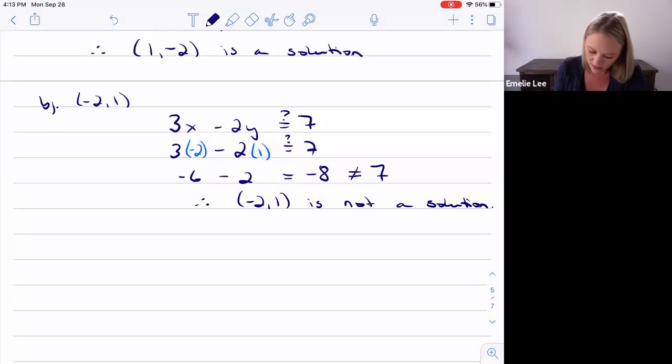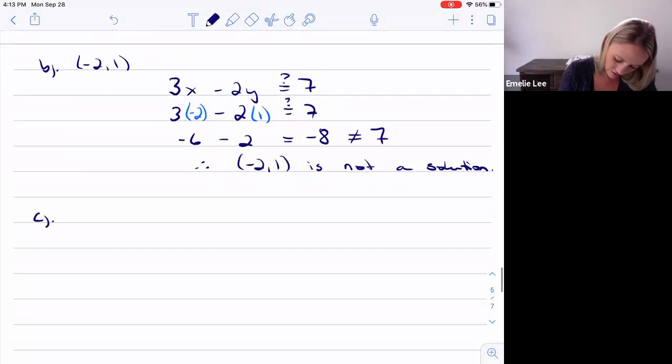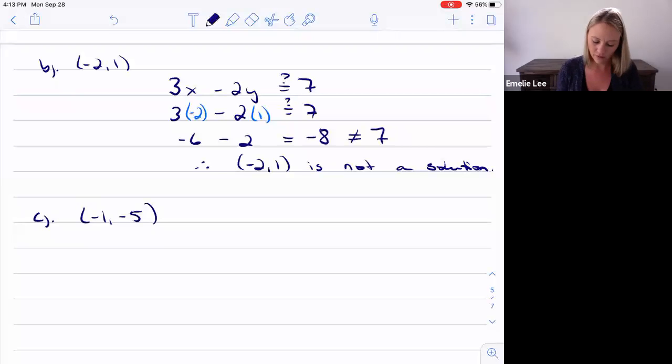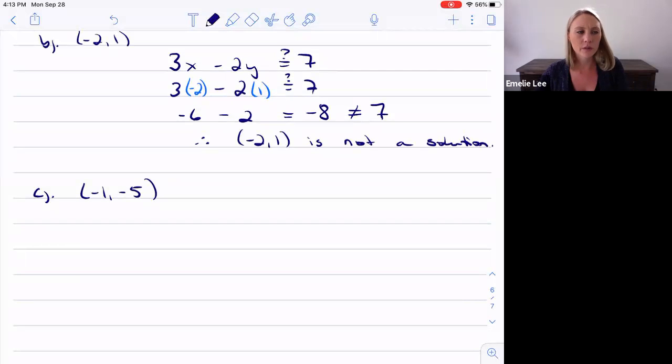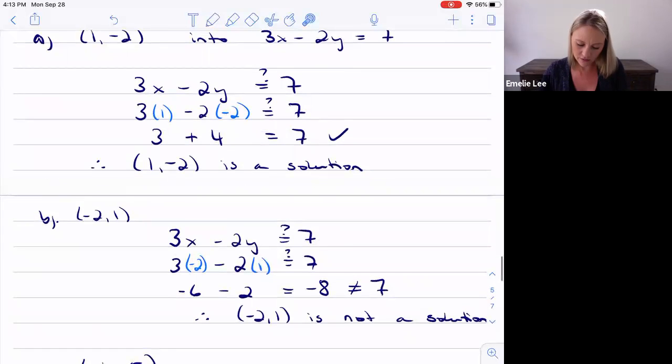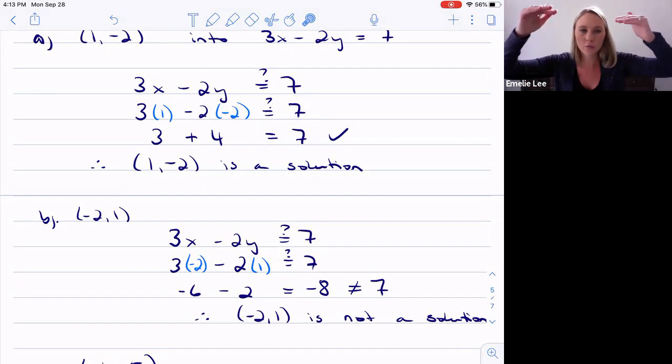And then we can do the same thing again for C, with negative 1, negative 5. Notice that even though it seems a little tedious to write out the bare bones equation that I'm plugging into every time, if I want to do things properly, I show my empty equation first and then fill it in on my second line.